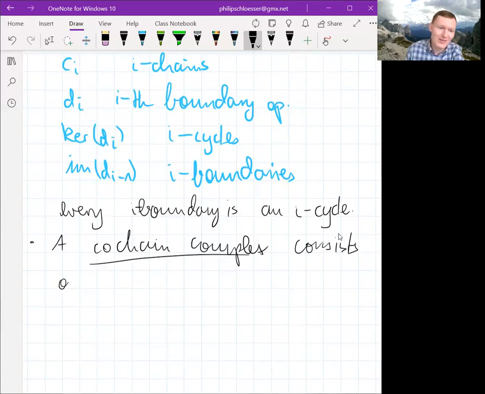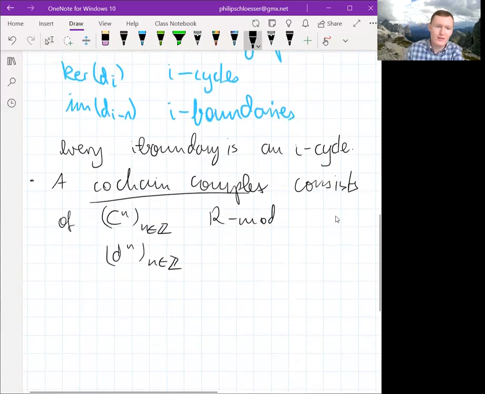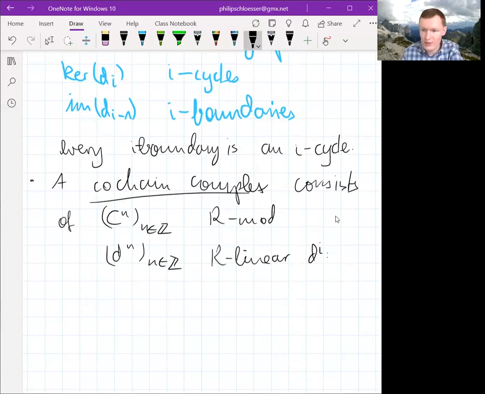It consists of R modules, and again R linear maps, now with their index as a superscript, where d^i goes from C^i to C^{i+1}.